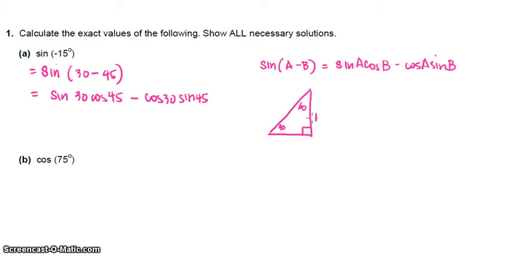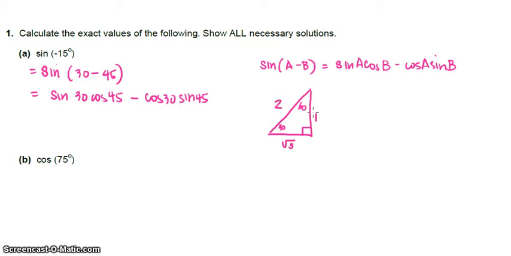And if the side opposite 30 is 1, by some computations, the adjacent side is square root of 3, and the hypotenuse is equal to 2.